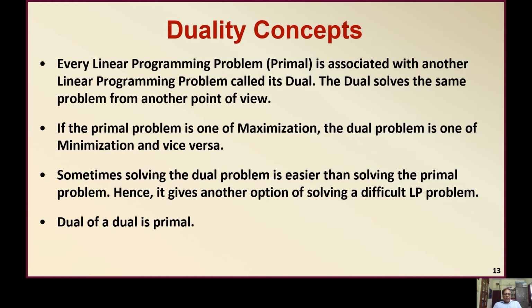To make the 2 problems equal, the amount that we get by giving the resources to somebody else who may be producing chairs and tables must be at least that much profit that we are making now, from the wood, from the nails, and from the manpower point of view.